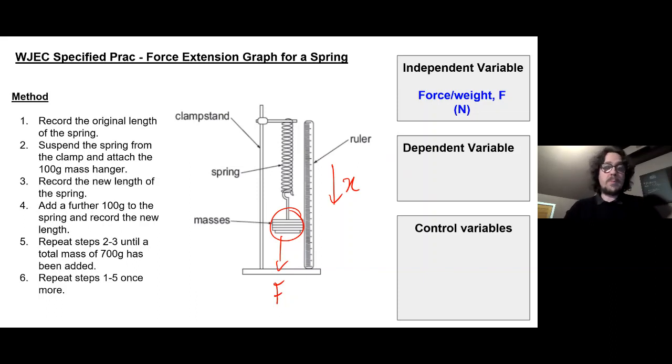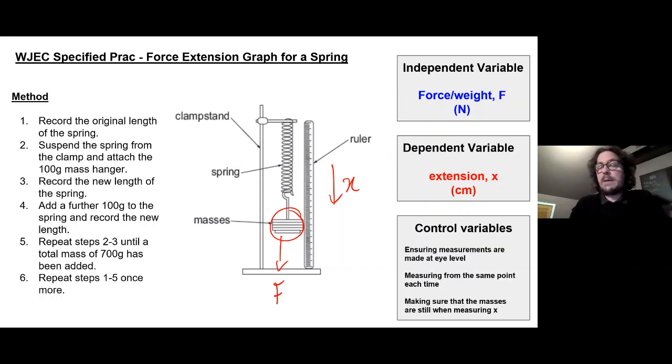The dependent variable, what are we measuring? We're measuring the extension. And then finally, what are the control variables? Well, there are a couple we can think of, okay? I've listed them here. So, for example, making sure measurements are made at eye level. When you're looking at where maybe the bottom of the masses or the top of the spring is, you're looking at the top of the spring and where it is in relation to the ruler.